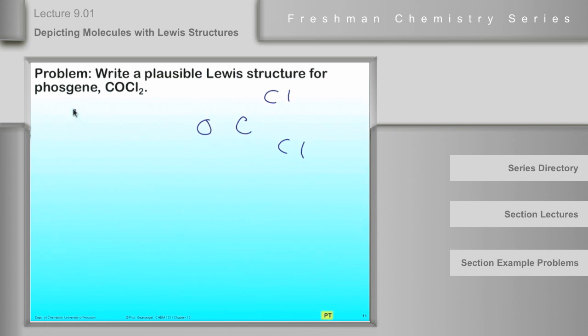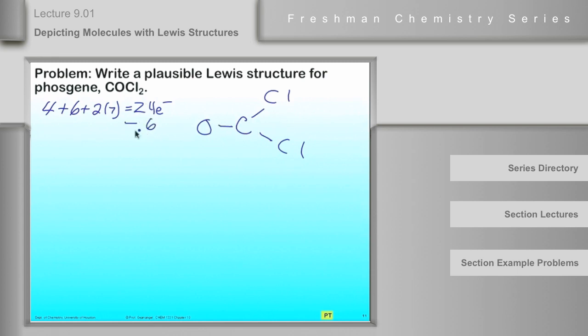Once I have determined that, if I count the electrons, carbon has 4, oxygen has 6 valence electrons, and chlorines have 7, and there are 2 of them. So 2 times 7 is 14. It looks like 24 electrons. Now, let's take 2, 4, 6 of those electrons and make single bonds between the carbon and the 2 chlorines and the oxygen.